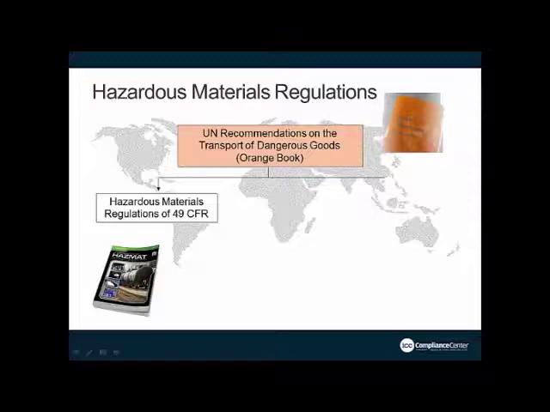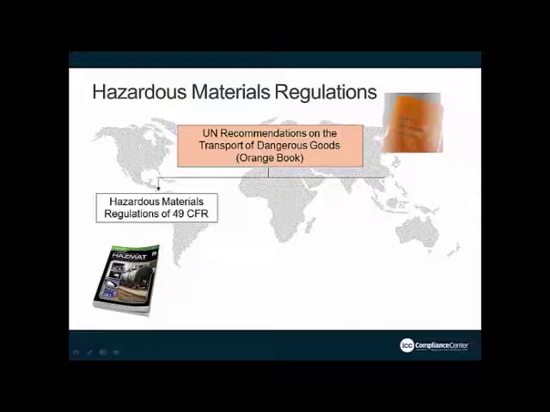Transport by air is the most hazardous way of transporting hazardous materials and requires extra restrictions compared to other modes. While the hazardous materials regulations contain a part dealing with domestic air transport, it also allows air shippers to use an international regulation created by ICAO, which is the International Civil Aviation Organization. This regulation is also based on the UN standard, but with additional restrictions such as size limits for packages.